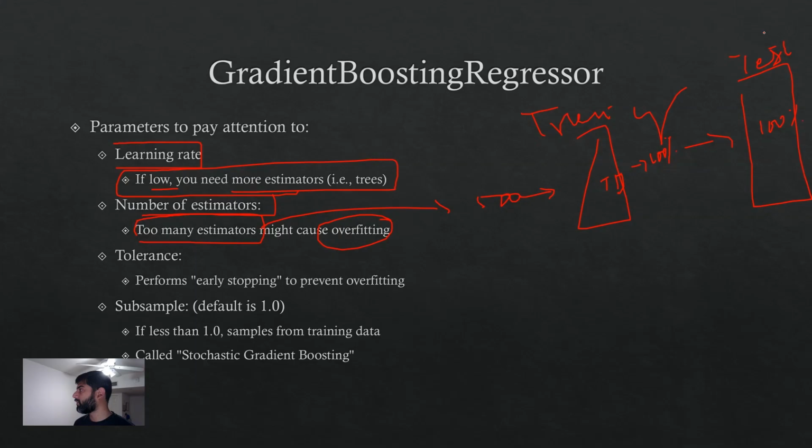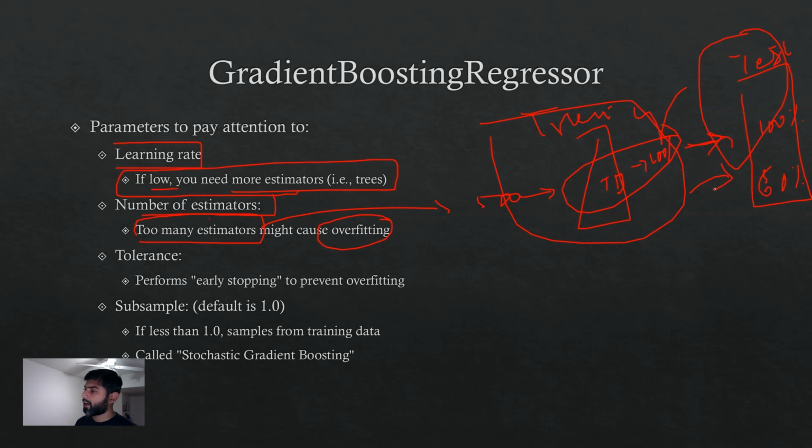You want this one to hold as high as possible. If you're learning 100% here, and when you really test it, it's like 60%, then you realize your number of estimators was way too much, because I learned way too much here, and when it comes to the new data set, I didn't predict as nicely as I could.